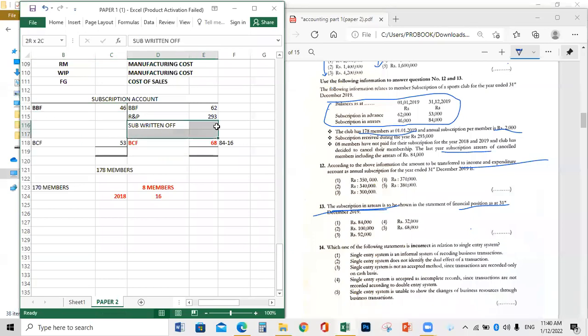Now my question is, guys, is the subscription arrears 16,000 or a different value? Is it 16,000 or a different value? What do you say?